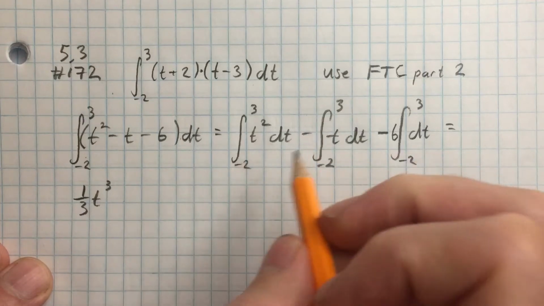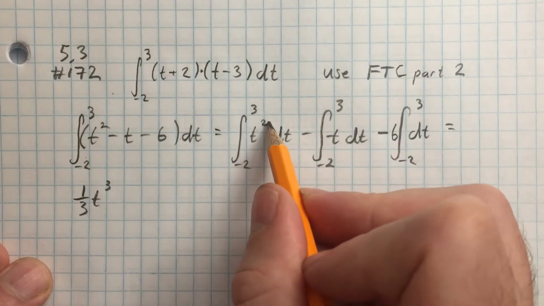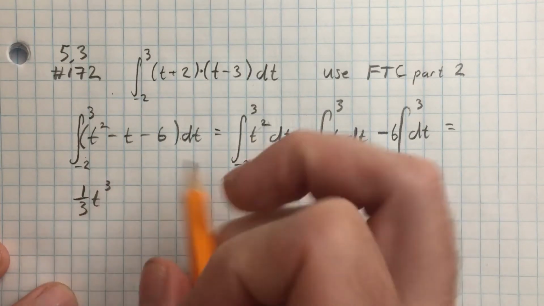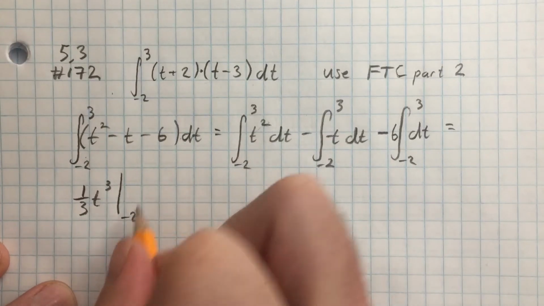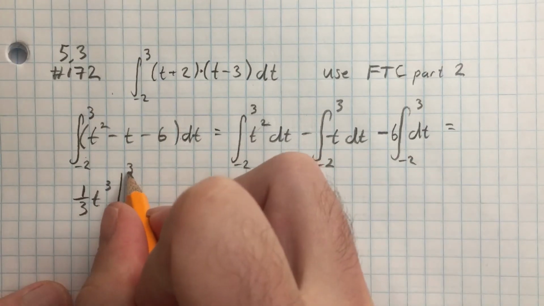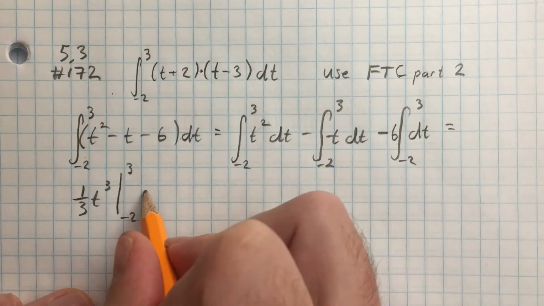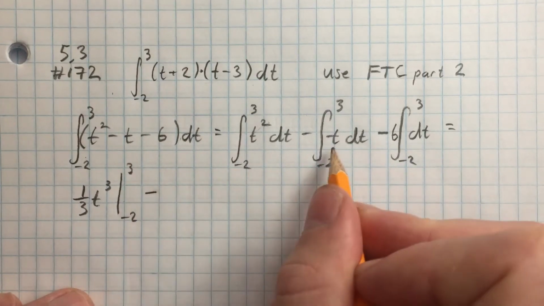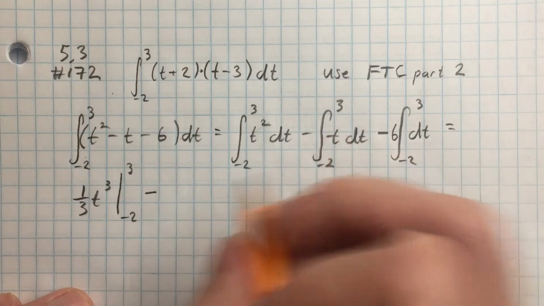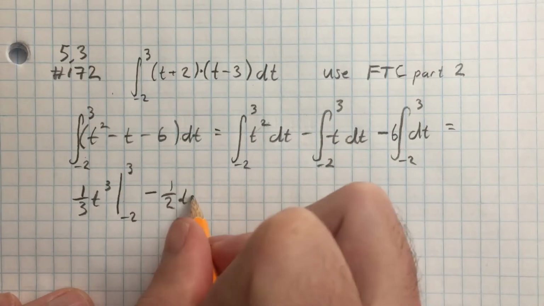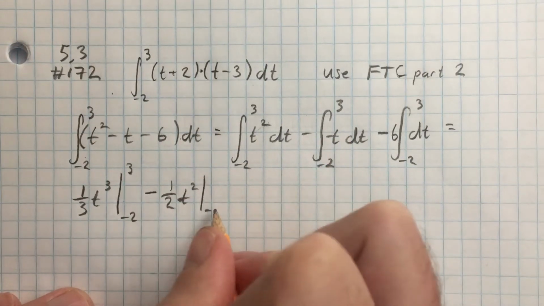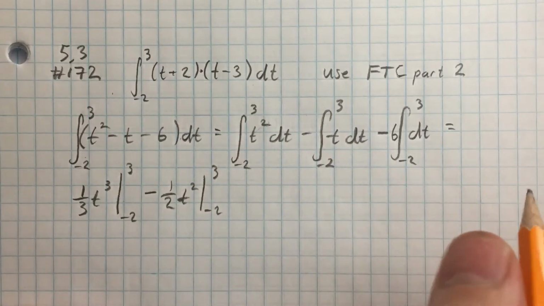So 1/3 t cubed, of course, we're going to raise the power by 1, multiply by the reciprocal, evaluate from -2 to 3. So you write this on each one of these now. It'll just be a little bit repetitive. So t goes up to a power of 2, multiplied by the reciprocal, so you get 1/2 t squared from -2 to 3.